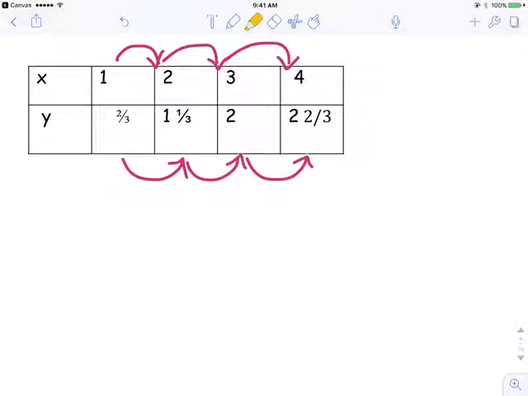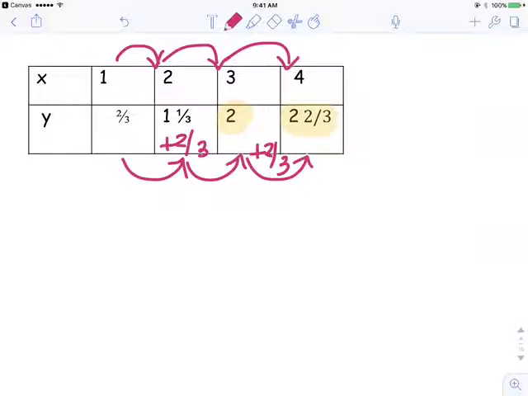So I'm going to be going in a positive direction. And what I like to look at is this one where we go from 2, the whole number, to 2 2/3, and I notice immediately that that's plus 2/3. So I like the guess and check. So I'm going to go back to 1 1/3. I'm going to add 2/3 to that. And if I add 2 plus 1, that gives me 3/3.